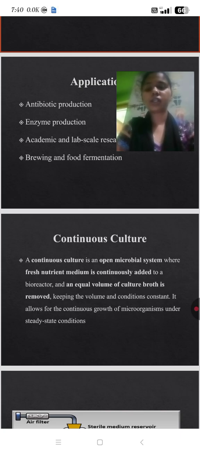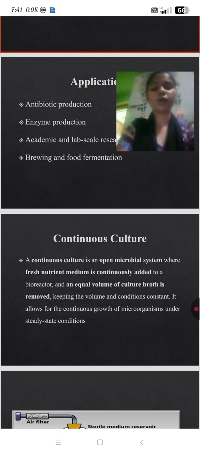A continuous culture is an open microbial system where fresh nutrient medium is continuously added to a bioreactor and an equal volume of culture is removed, keeping the volume and conditions constant. It allows continuous growth of microorganisms under steady state conditions.